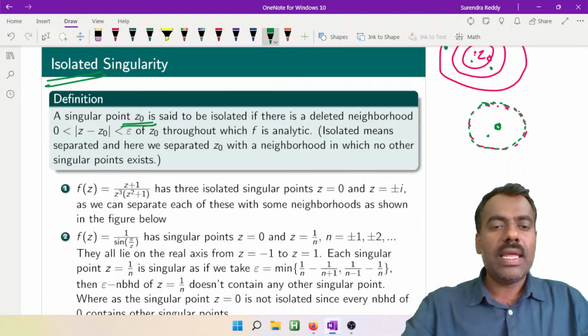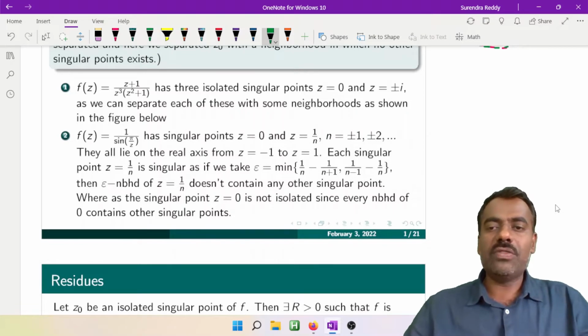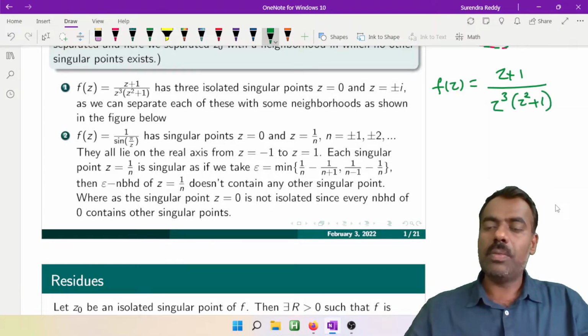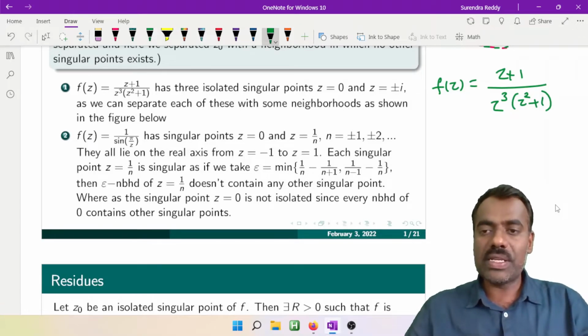Okay, let's see an example. Suppose you take f of z equal to z plus 1 by z cube into z square plus 1. What are the singular points for this function? z is equal to 0, and z square plus 1 is 0, that means z is equal to plus or minus i.